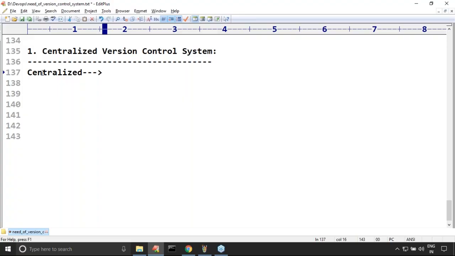The name itself indicates that this type of version control system contains only one repository. Are you getting it? Only one repository.